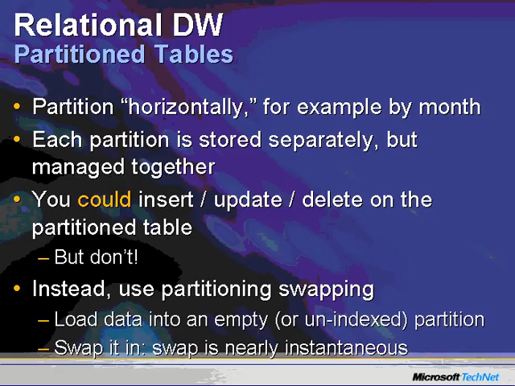But SQL Server ties those multiple physical tables together into a unified partition table that acts, to anyone who's querying or managing the table, like a single unit. So each partition is stored separately, but it's managed together on your behalf by SQL Server.